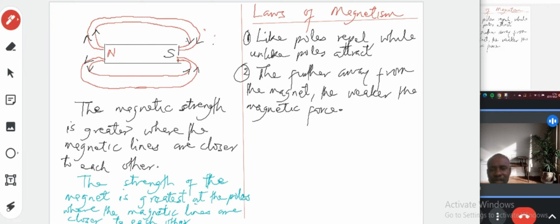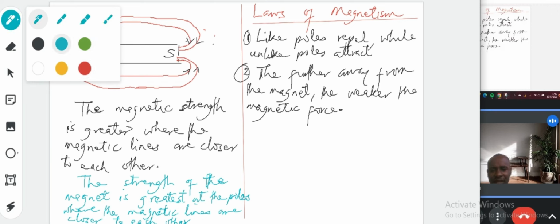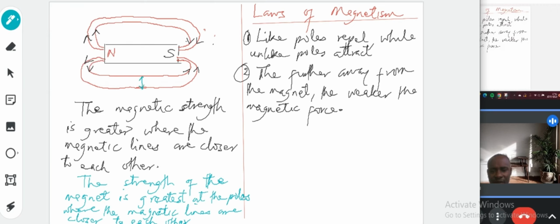If you check the distance between the magnetic lines, the distance at the poles is shorter, so they are closer at the poles. I think that's clear. Of course, when you move further away from the magnet, the strength decreases.